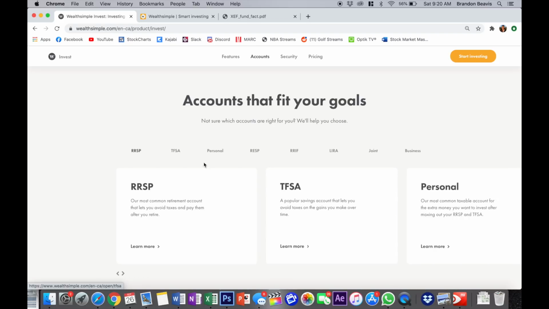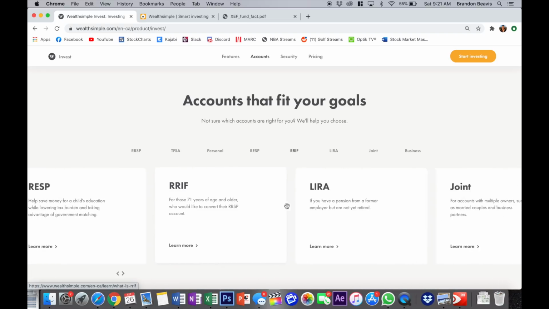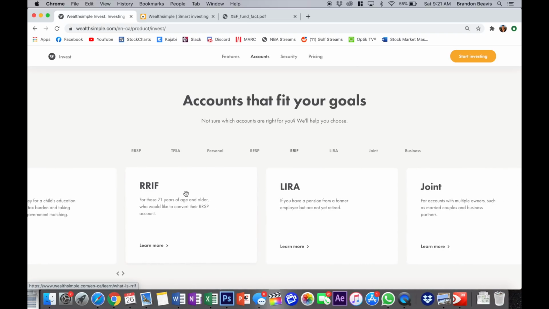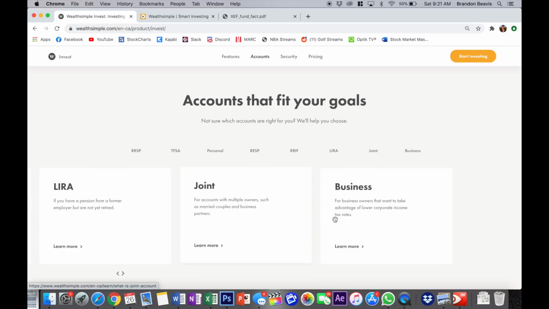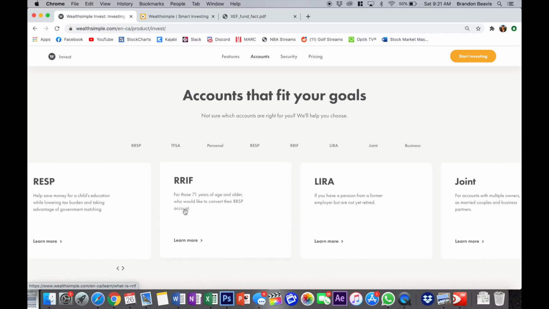A lot of brokerages don't offer the full suite of accounts, but with Wealthsimple Invest, you are getting every option available. The RRSP, your retirement account, your tax-free savings account, the TFSA. You could have a personal account. You can have an RESP for kids, a RIF for when you're in retirement and you're looking to pull out money, locked-in account, joint accounts, business accounts. There is truly a wide selection of accounts so that it is suitable for everybody.